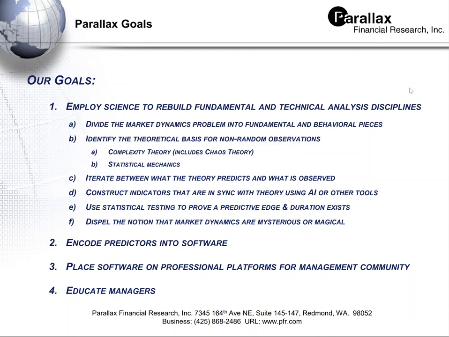So simply, our goals were to employ science to rebuild the fundamental and technical analysis disciplines. It's a big job, and in order to do it, we had to identify what the theoretical basis for technical analysis was, and we'll get into what we've discovered.